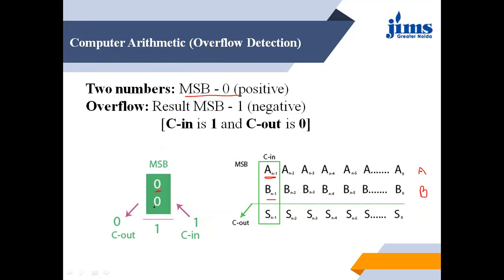This is the MSB of the second number. And when we are adding these two numbers, and we are also getting a 1 from the last bit, means the C in is equal to 1.